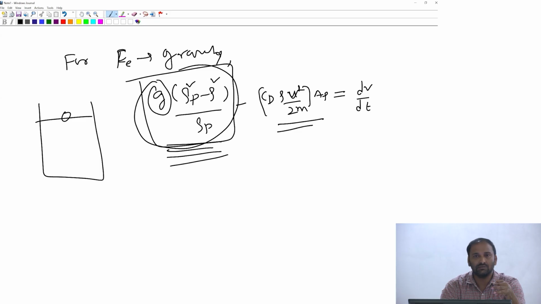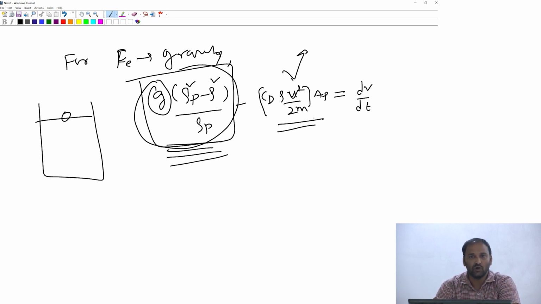However, if you look at this term, because the particle is starting from rest, the moment I drop it, it's going to accelerate, because of which this term is going to go on increasing, since it goes as v square as the particle goes at a higher velocity.